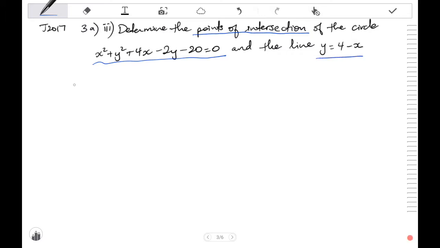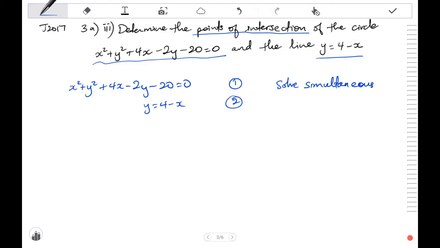So we have x squared plus y squared plus 4x minus 2y minus 20 equals 0, equation 1, and y equals 4 minus x, equation 2. We didn't do the equation of a circle as yet, but the question doesn't really concern that equation. It concerns finding the points of intersection of that circle with a line, which we already talked about, so we just need to solve simultaneously.